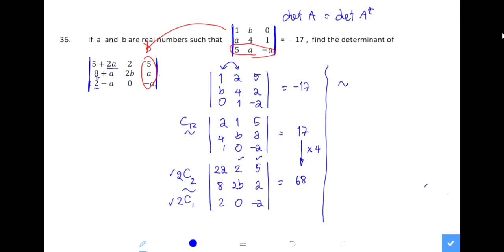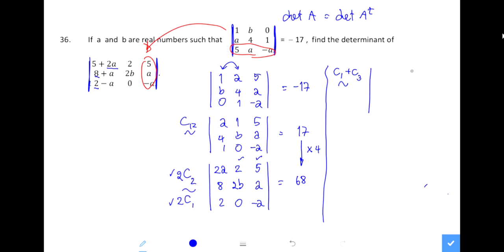If I want to get 8 plus a, this 8 from the first column will be added with the a from the third column. So to save time, I just want to do C1 plus C3.